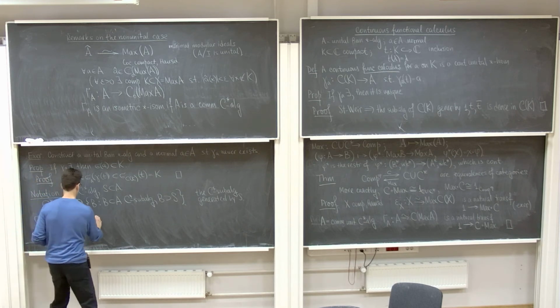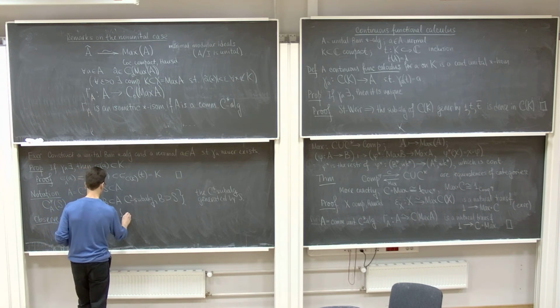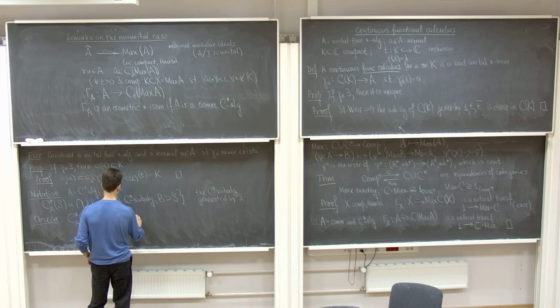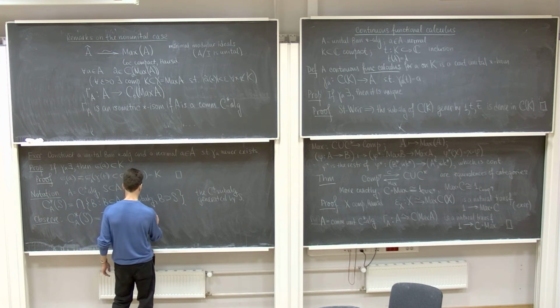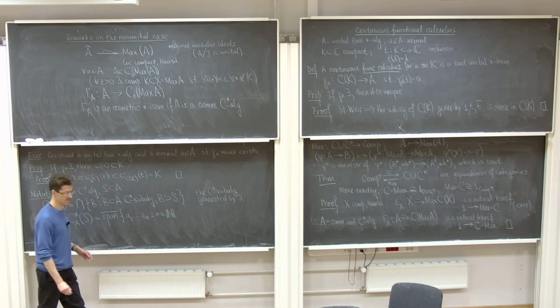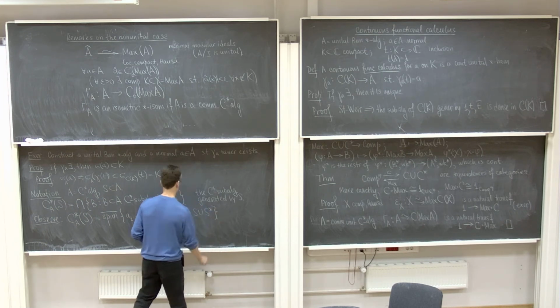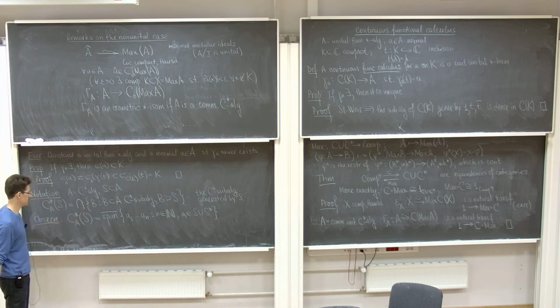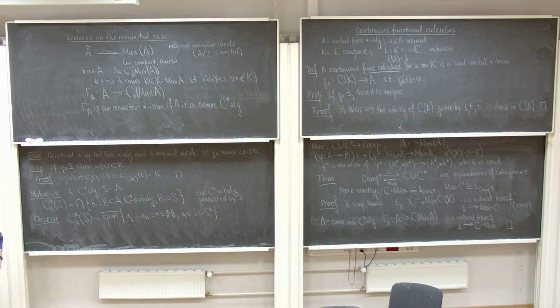We take the closure of the linear span of all words A1 to AN, of all finite products of arbitrary length, where each symbol sits either in S or in S adjoint. Indeed, it's easy to see that the closure of this linear span is a C-star subalgebra, and clearly it is the smallest C-star subalgebra containing S.